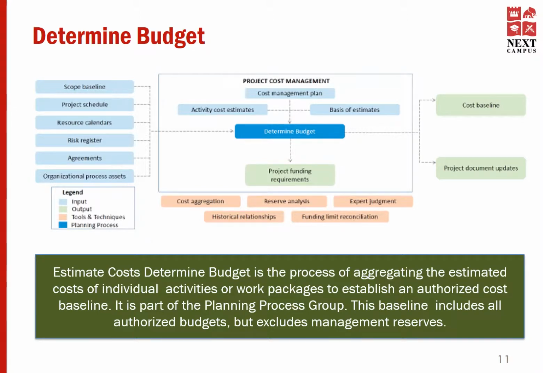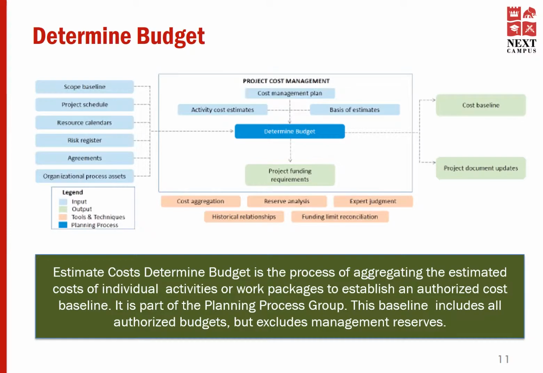Determine budget. Once the estimate of each of the activities is arrived at, the next project cost management process is to determine budget. It is the process of aggregating the estimated cost of individual activities or work packages to establish an authorized cost baseline.